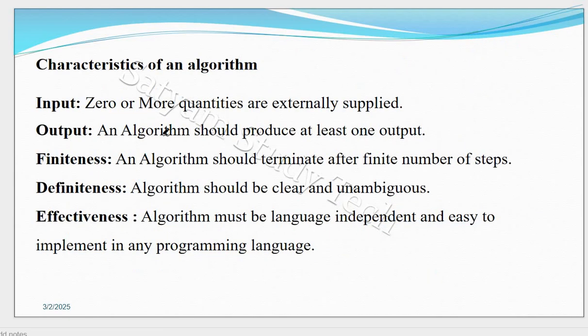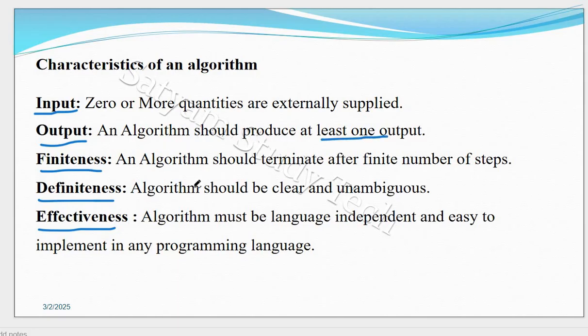Next, any algorithm should satisfy some characteristics. These are the characteristics of an algorithm: input, output, finiteness, definiteness, and effectiveness. Input: the algorithm may take zero or more inputs. Output: an algorithm should produce at least one outcome.